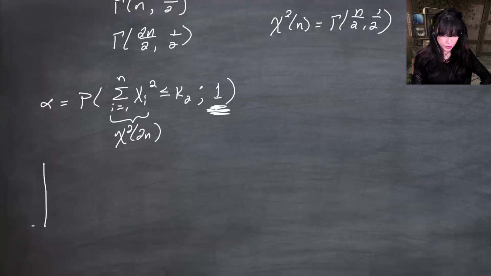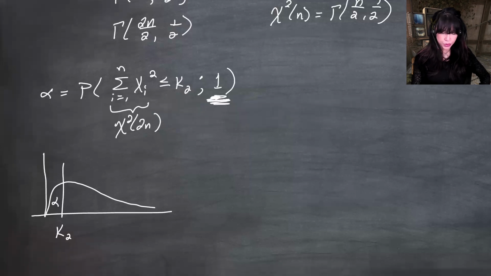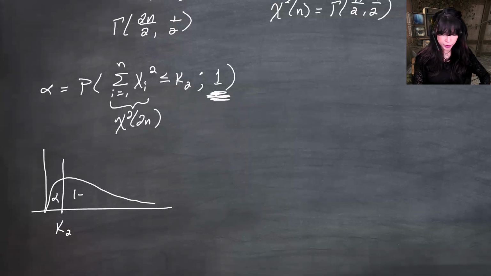I want to look at the chi-squared distribution, just draw a generic PDF on 0 to infinity, and I want to be below a number k2 with probability alpha. Our critical values, the way we've been writing them in this class, use notation that specifies the area above. So our k2 is going to be chi-squared sub 1 minus alpha, comma 2n.